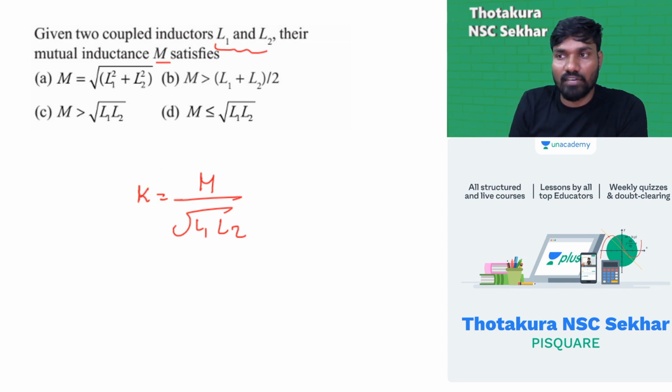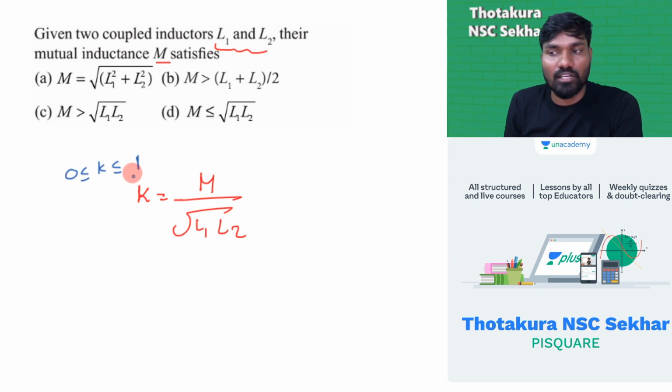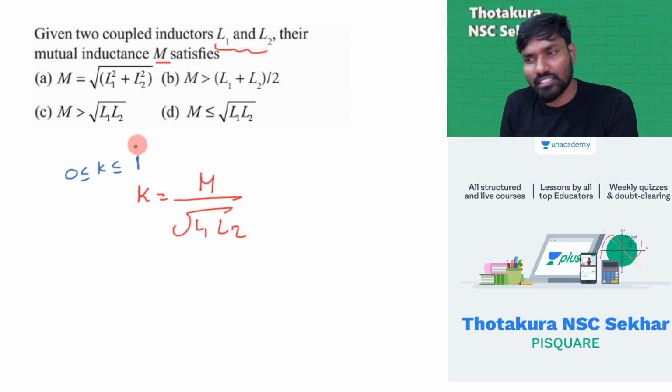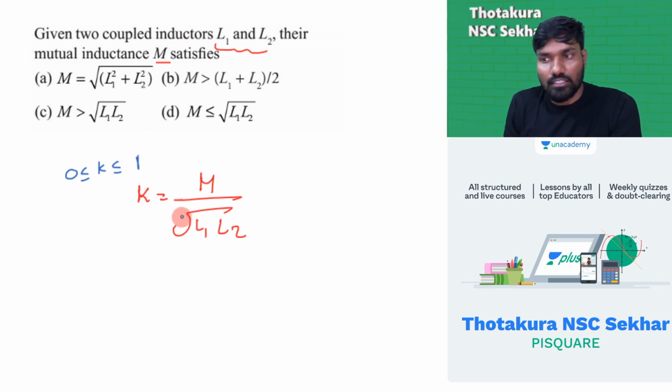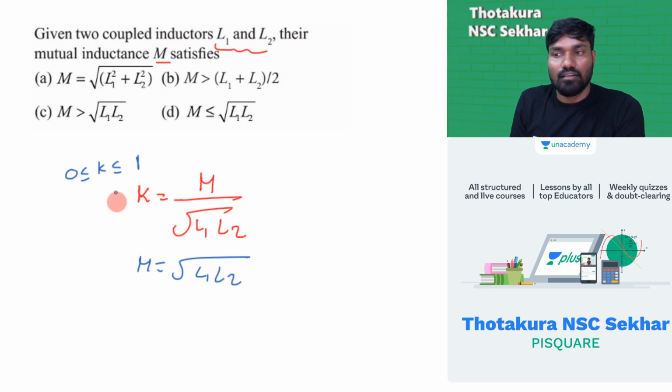The range of K is 0 to 1, at max 1, ideal case. If I take the maximum case as 1, then you will get M is equal to root L1 L2. If K value is less than 1, definitely M value will be less than this. So I can say M is less than or equal to root L1 L2.